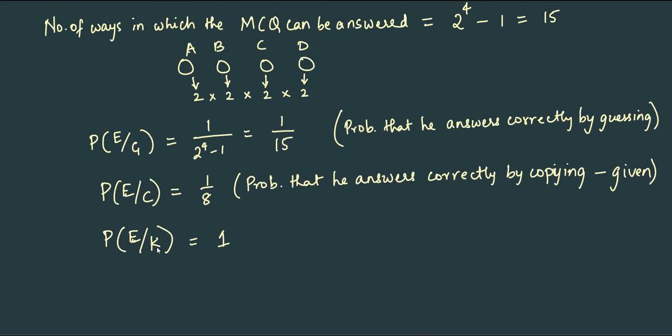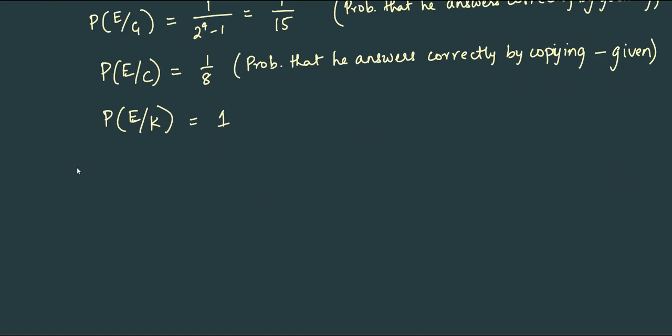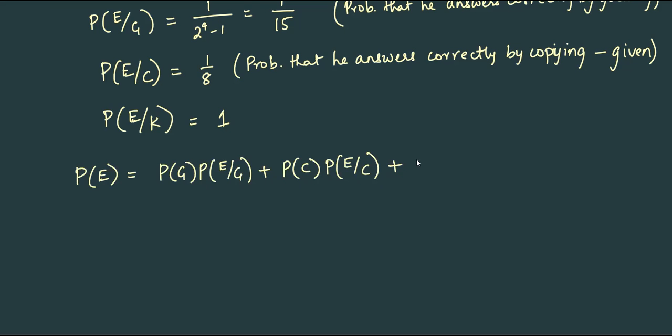So now let us make the total probability. The probability that he marks correct is the probability of guessing and that he marks correct, then the probability that he copies and that he marks correct, and the probability that he knows and he marks the correct option.